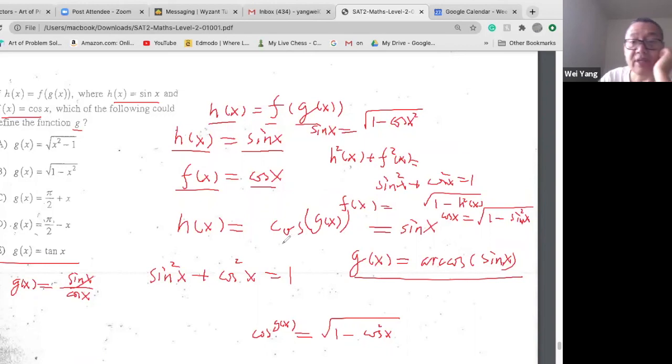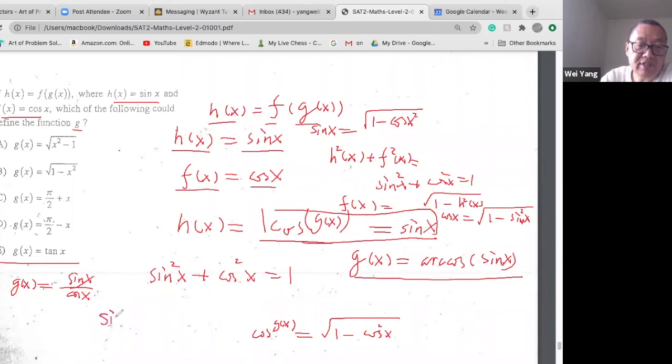So from this we get cosine gx equals sin x. Then what is gx?